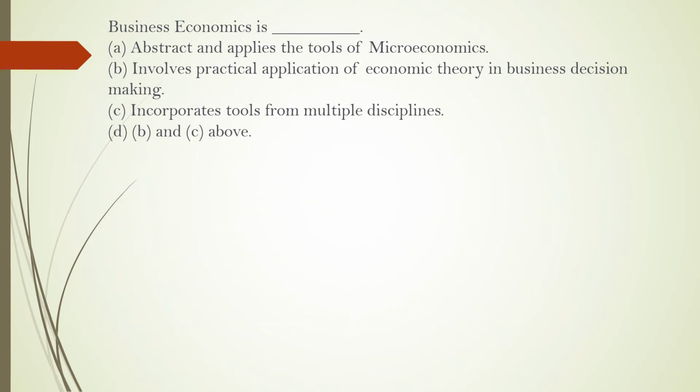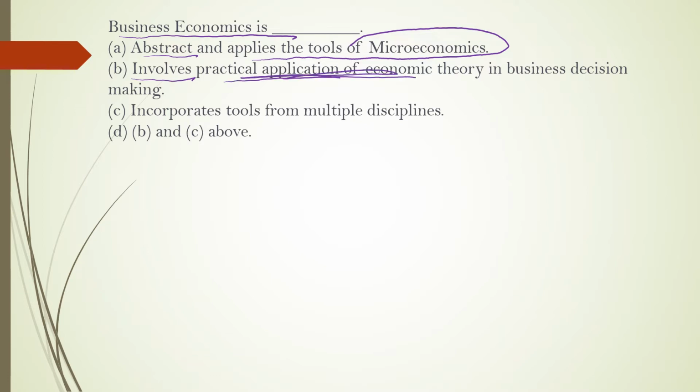Next one is, business economics is abstract and applies the tools of microeconomics, involves practical application of economic theories in business decision making, incorporates tools from multiple disciplines like statistics, mathematics, econometrics.